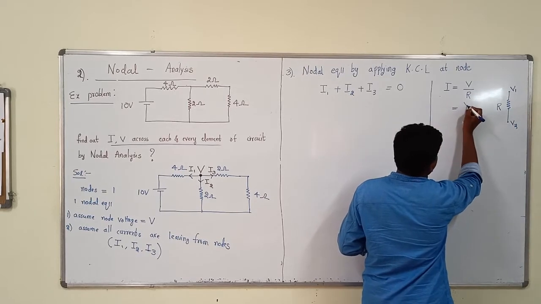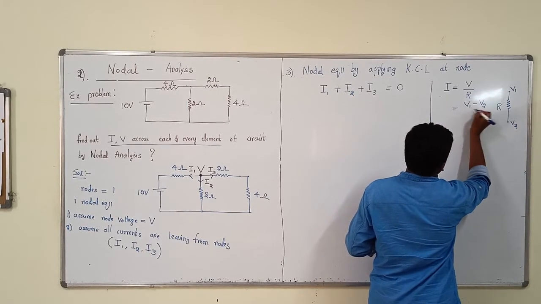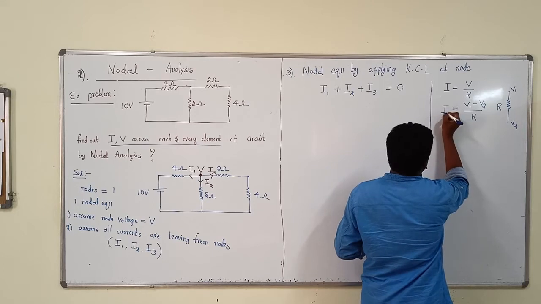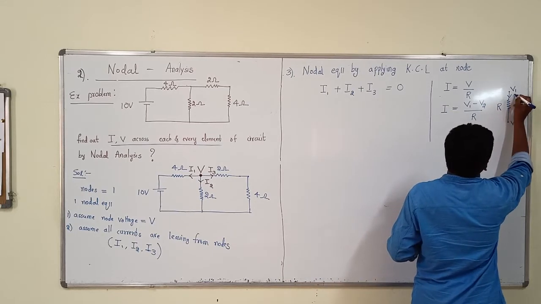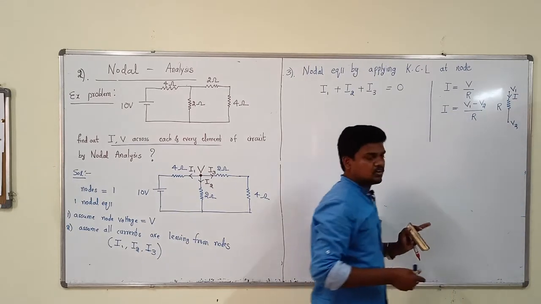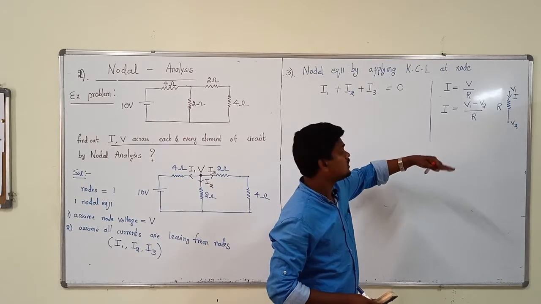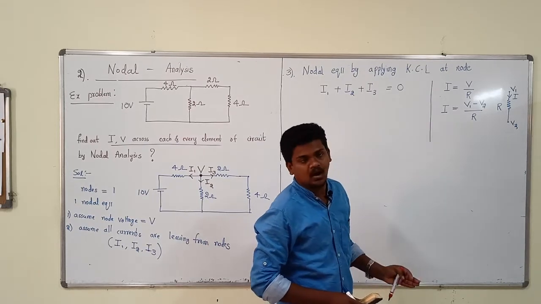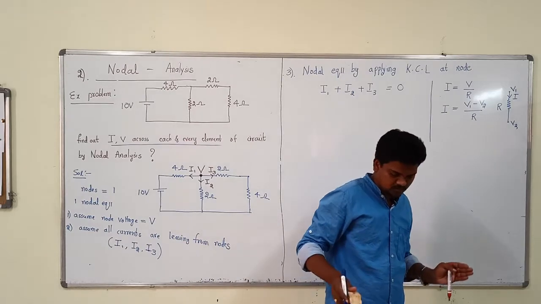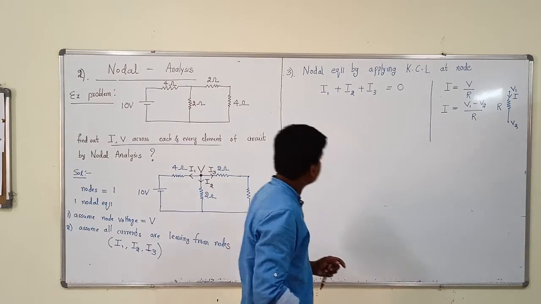That's why we can write V1 minus V2 by R if the current is flowing downward. If the current is flowing upward, then V2 minus V1 by R. By using that we will write each and every equation.